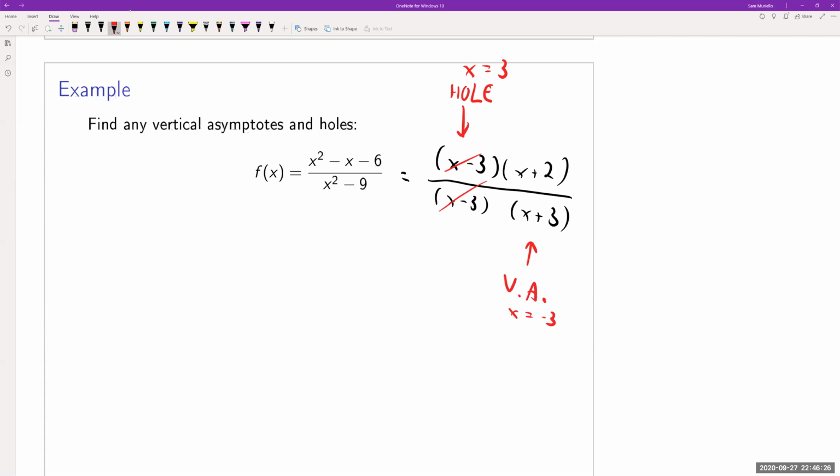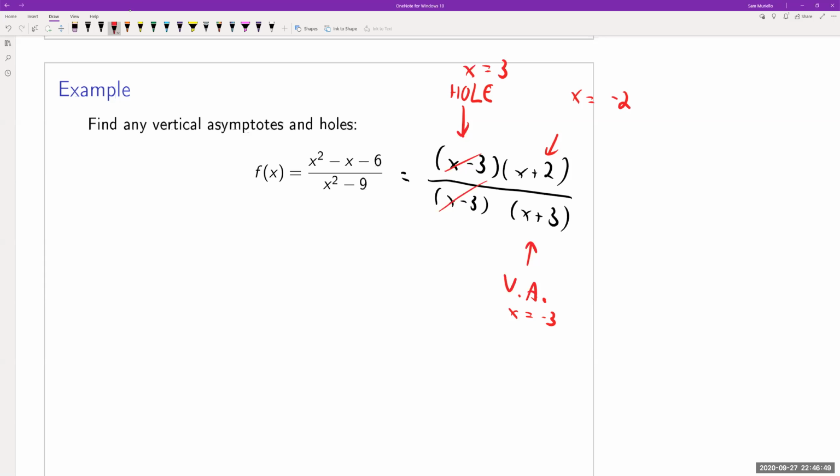Because here my denominator is 0, but my numerator is not. So at values of x very close to negative 3, I am dividing by a very small number. At x equals negative 2, I don't have any issues. If I plugged in negative 2, my numerator would be 0, but my denominator wouldn't. That's perfectly okay.